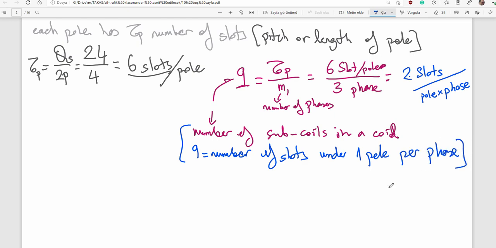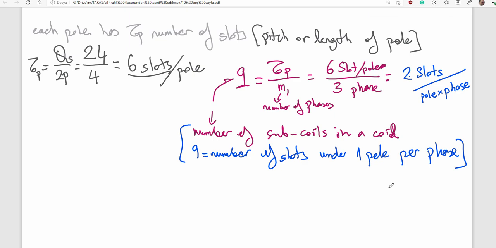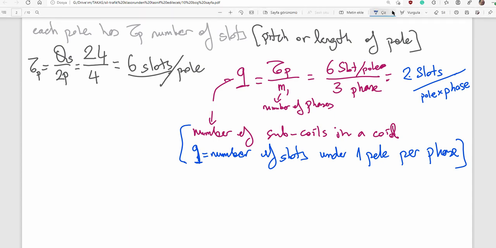Bir kutup altında bir faza düşen oluk sayısı olarak da söylenir. Aynı zamanda bu bir bobindeki yan ufak bobincik sayısıdır. Subcoil sayısıdır. Her şeyi yaptık gibi aslında. Bir iki şey daha yapalım.